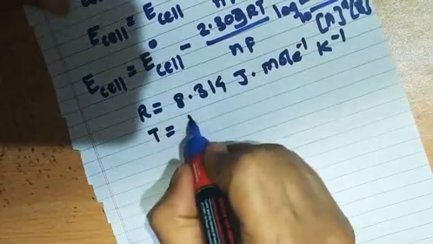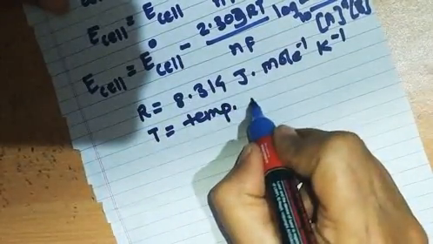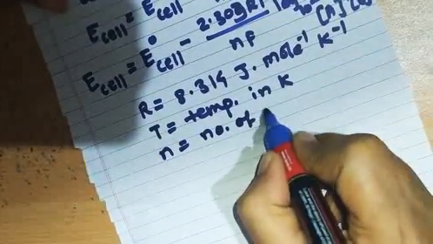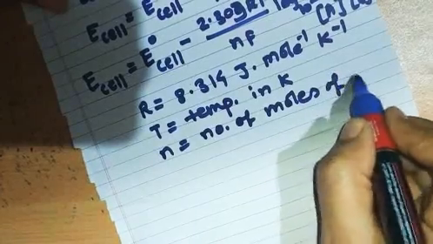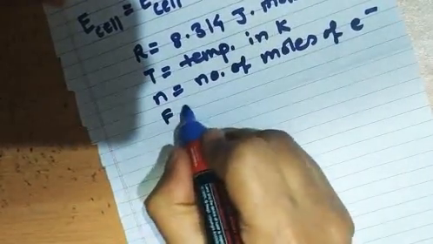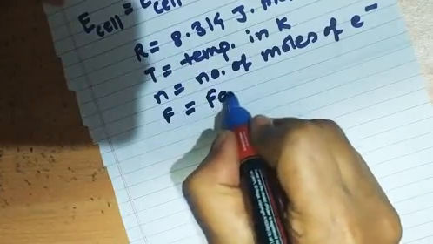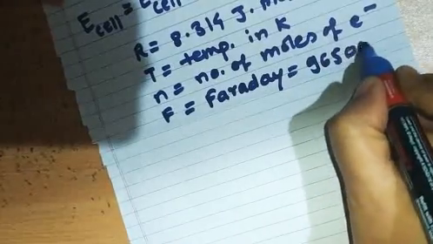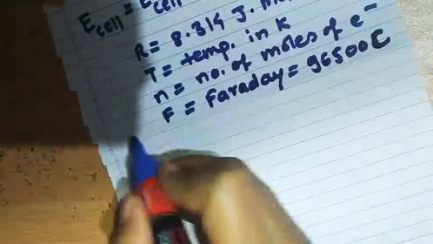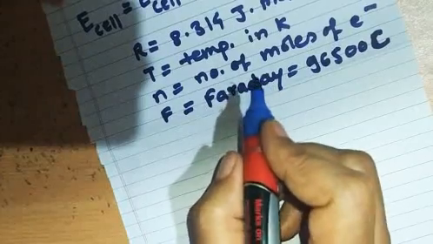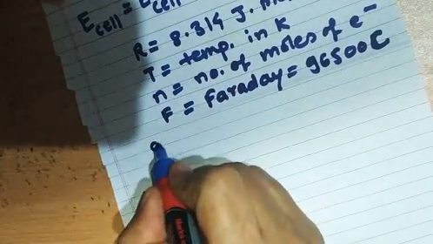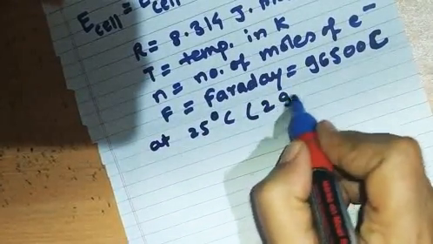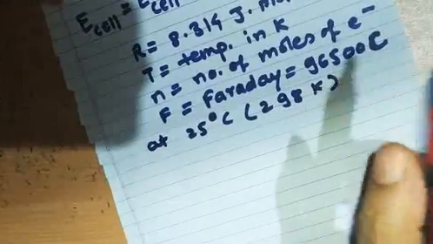T is the temperature in Kelvin. n is equal to the number of moles of electrons. F is equal to Faraday, which has the value 96500 coulombs. By putting all these values in the above equation at temperature 25 degrees Celsius, which is equal to 298 Kelvin, we have all the values.